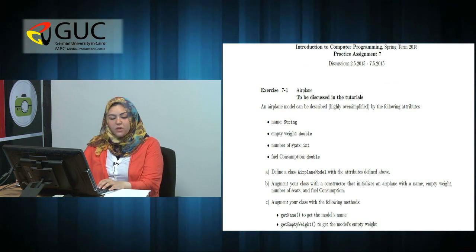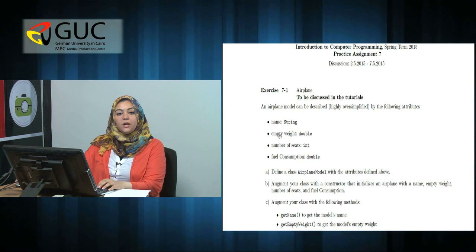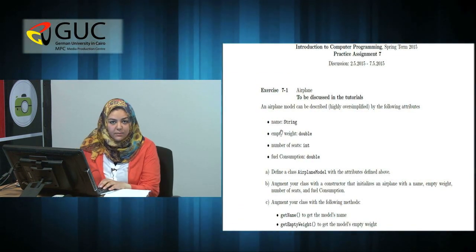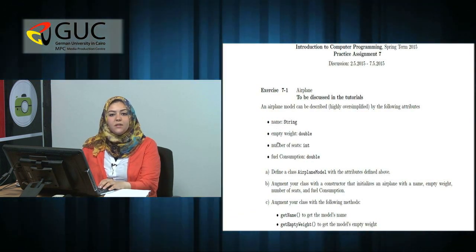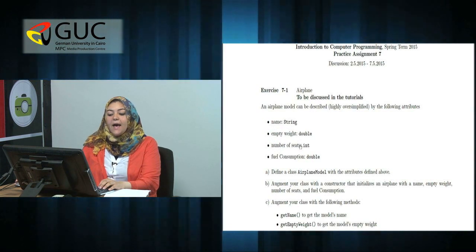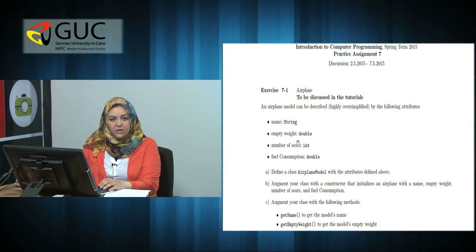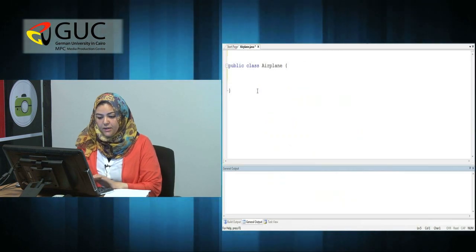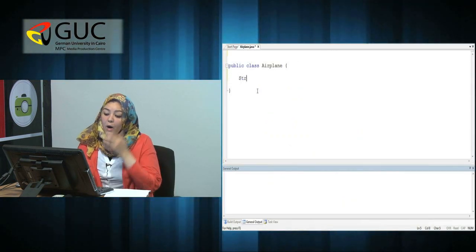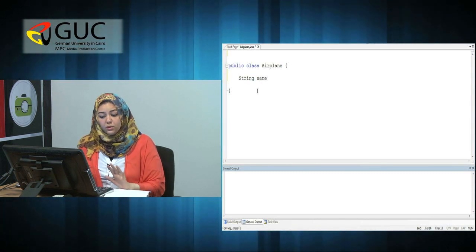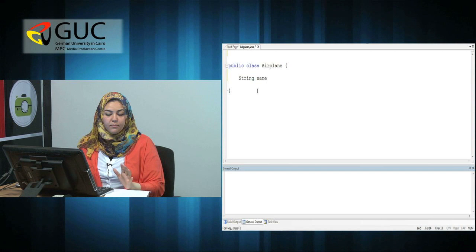The attributes or the variables that are used to describe any object, we call them instance variables. Instance variables are variables that relate to an object, and they describe or define this object. So far we have string name. However, do we know the name for the airplane so far? We don't. So we just say string name.